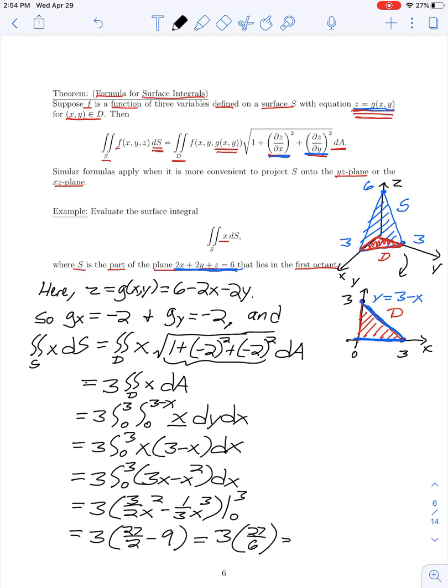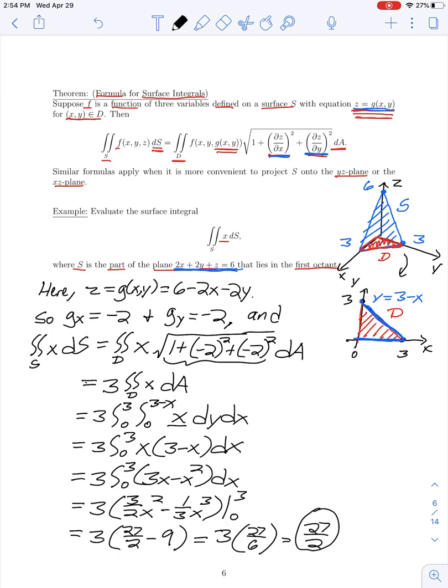So we're left with 27 over 2 for the value of this surface integral. So what we're doing here is we're adding up all of the x values of our function over this surface.